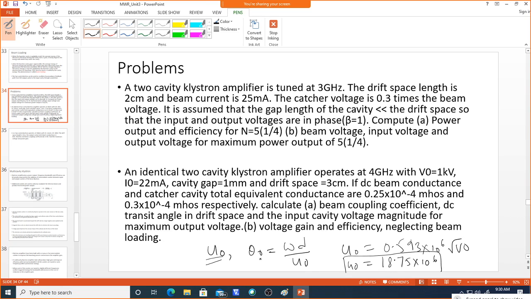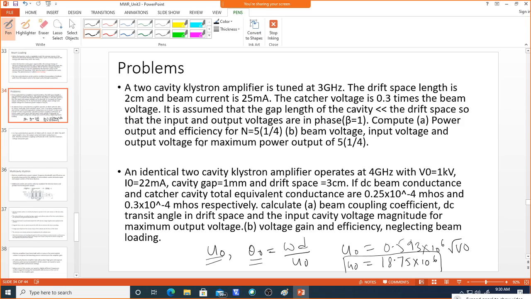So now calculate theta naught, so 2 pi into 4 gigahertz into the drift space, which is 3 centimeter. Sorry, this is the cavity gap.